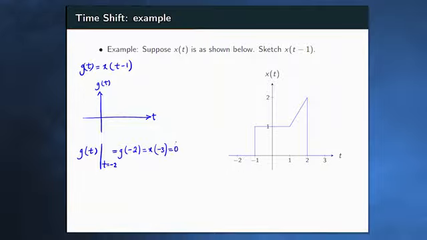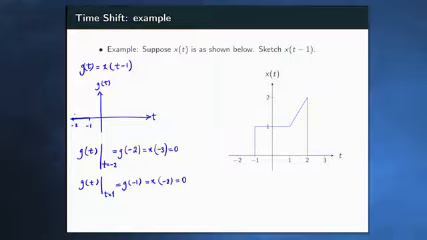So g of negative 2 is 0. How about g of t at t equal to negative 1? This is g of negative 1, and that's equal to x of negative 2. That's also equal to 0. At t equal to negative 2, x of t is equal to 0. So between negative 2 and negative 1, g of t is equal to 0.